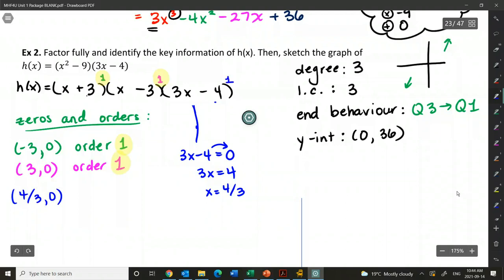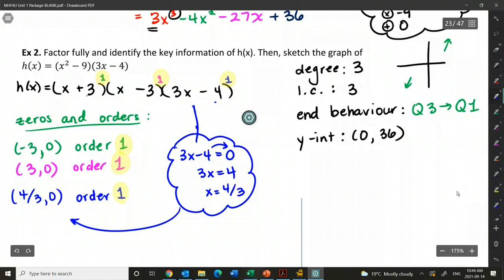And order on this one, Mathushini? 1. This one is also order 1. Great.